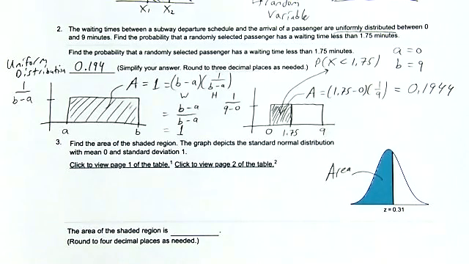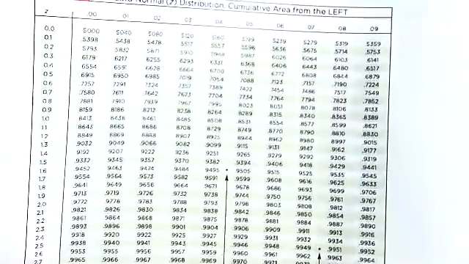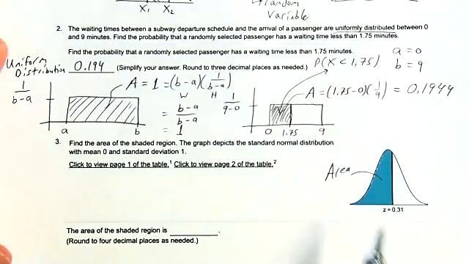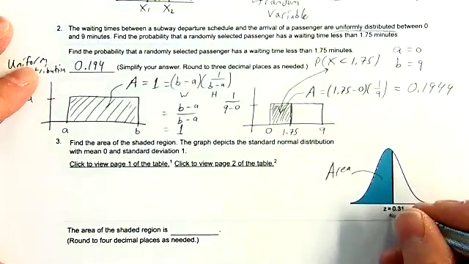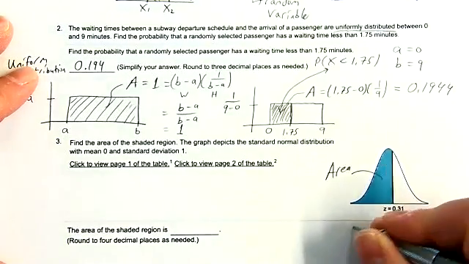And I think I have this in the far back of your note packet. It'll look something like this. Actually, let me talk a little bit more before I show you how to do this. This is called a standard normal curve.